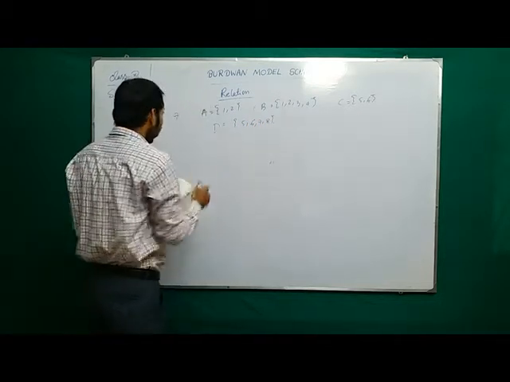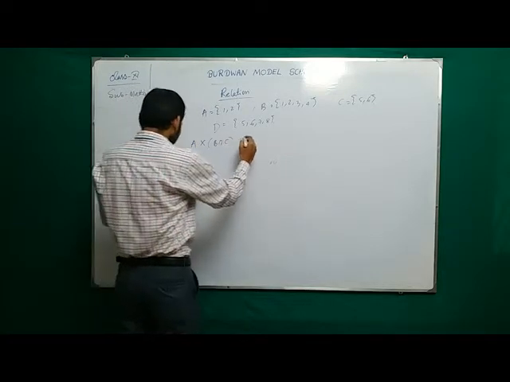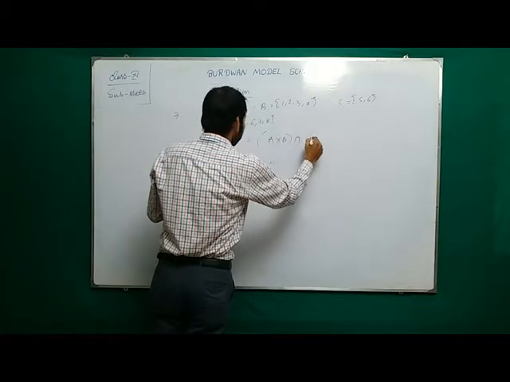Now verify A cross (B intersection C) equals to (A cross B) intersection (A cross C).